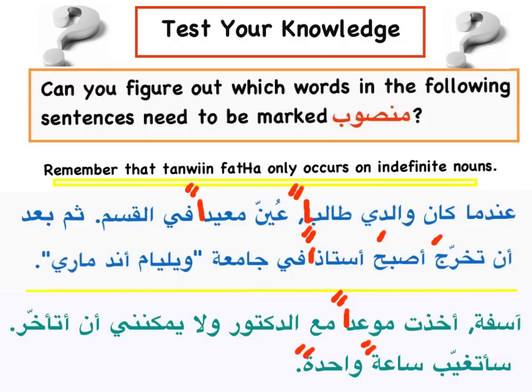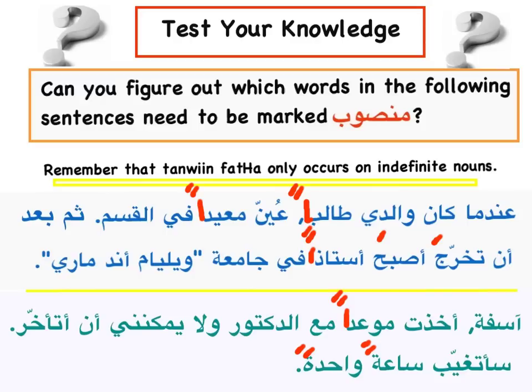Notice how when we said تاء مربوطة, تنوين فتحة is on the تاء, and here we needed an alif to place the tanween on it.